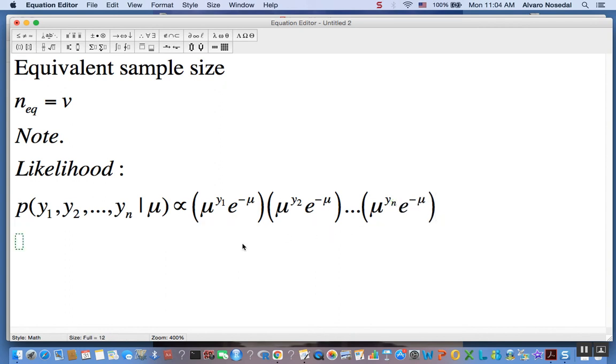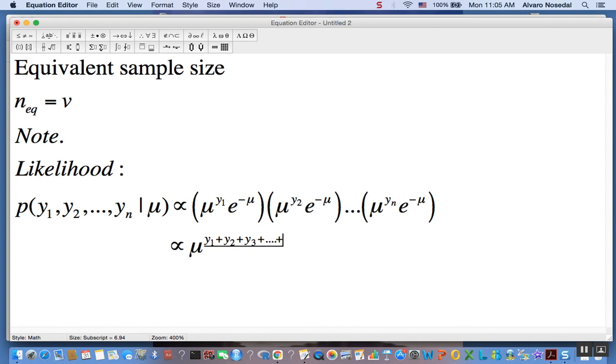Once we do the algebra, that likelihood for that sample is equivalent to this: mu to the sum of yi's, y1 plus y2 plus y3, and so on up to n, right?